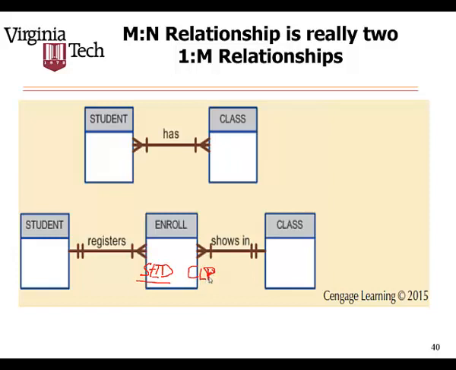Whoops, that's an I, and that's a D, and that's underlined, so it's a foreign key. So each instance of enroll can relate to one instance of student and one instance of class. So that's what each instance of enroll tells us: this student was registered in this class.